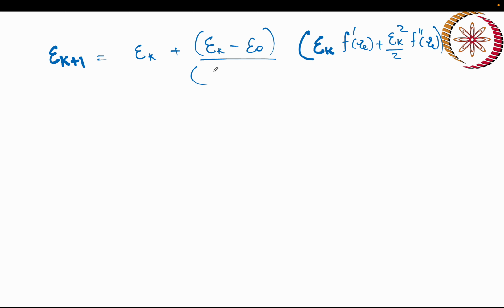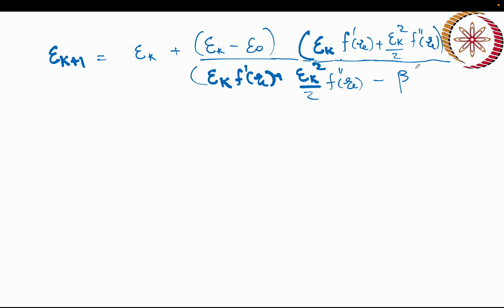Okay, so it will be epsilon k f dash xi plus epsilon k square by 2 f double dash of xi, and minus beta, let's say, which is nothing but f0.